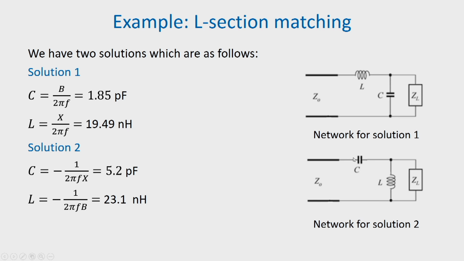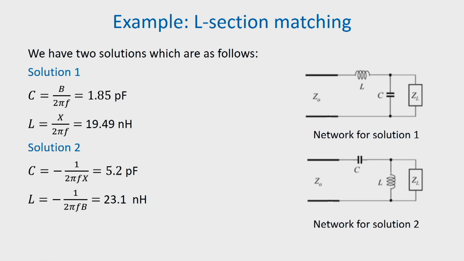and here you can see the series reactance. It is an inductance. Here the series element is a capacitance. Here the shunt element was a capacitor. Now the shunt element becomes an inductor, and both the circuits will be able to match the given load impedance at the given frequency.